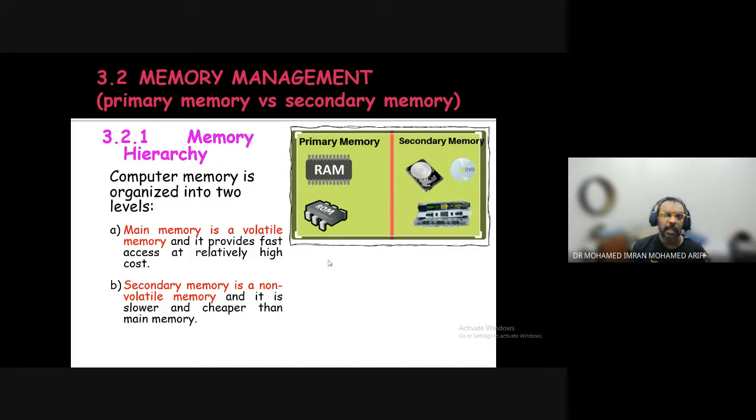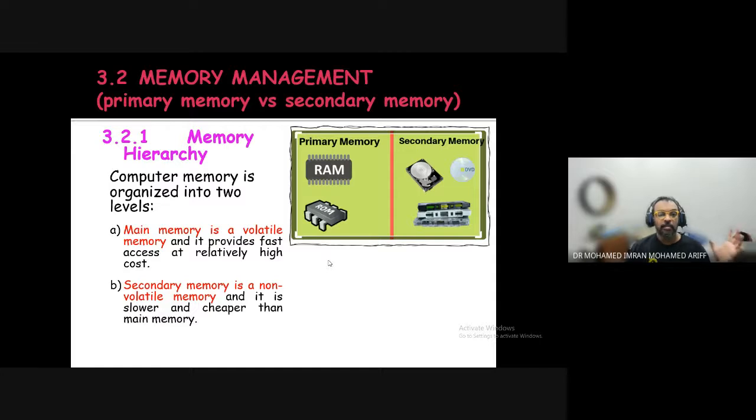Why is the primary memory faster? Because it is smaller and closer to the CPU compared to the secondary memory. Secondary memory these days is faster, but compared to the primary memory it is way slower, although its capacity is 100 or 200 times bigger.